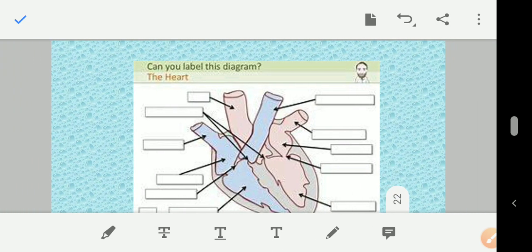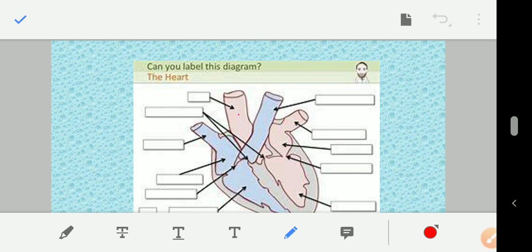Now, the structure of the heart is important. Label the different parts of the heart. This is aorta. These are semilunar valves present at the end of the pulmonary artery and aorta. Superior vena cava, right auricle.